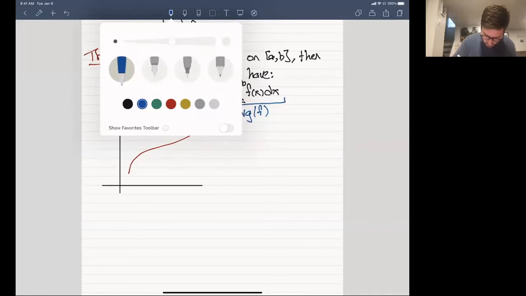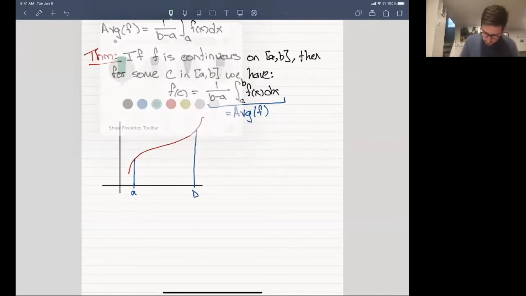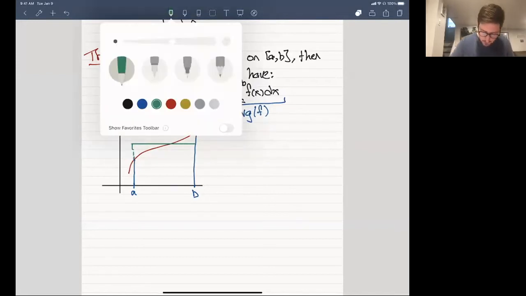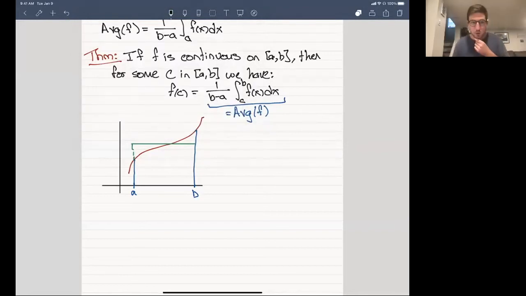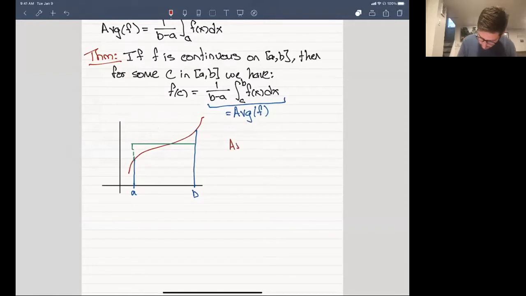Let me take this to be A, and this to be B. Let's imagine the average value is approximately somewhere in the middle here. If you think of this formula in terms of areas, the area underneath the red curve is equal to that definite integral.